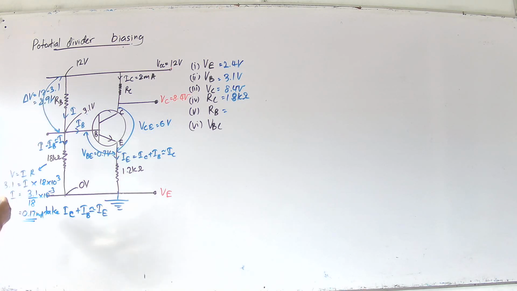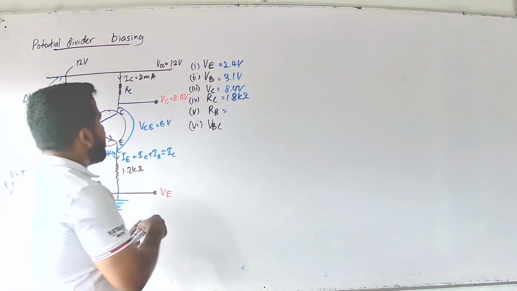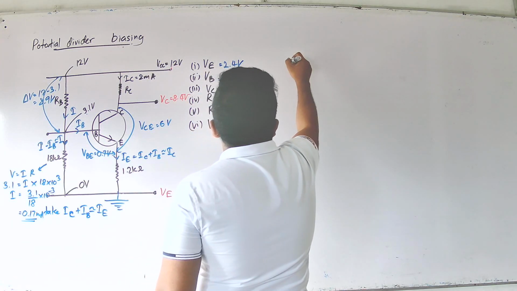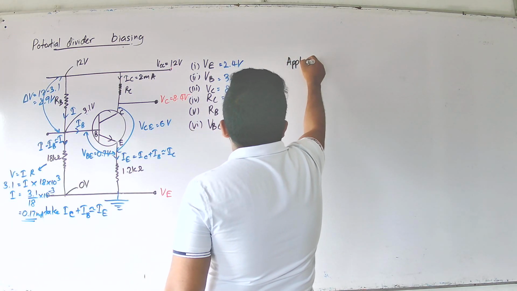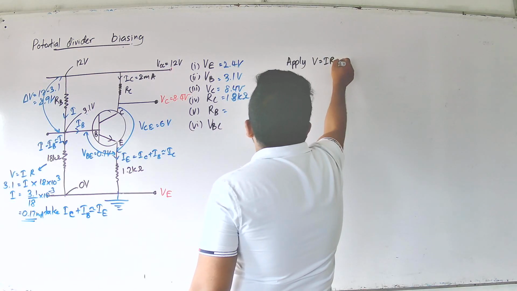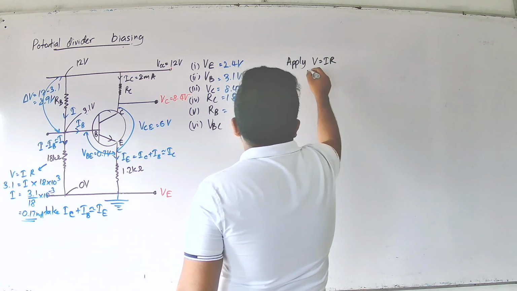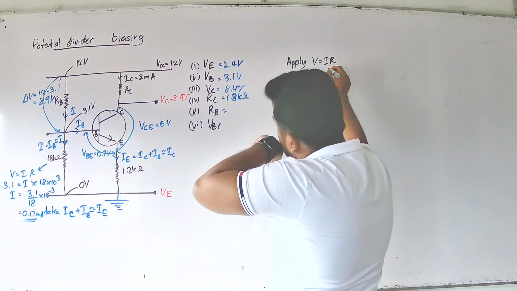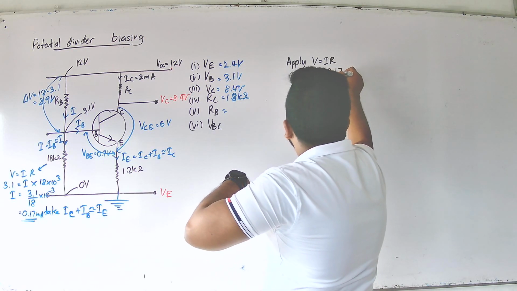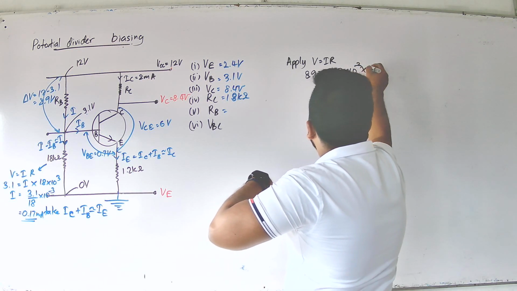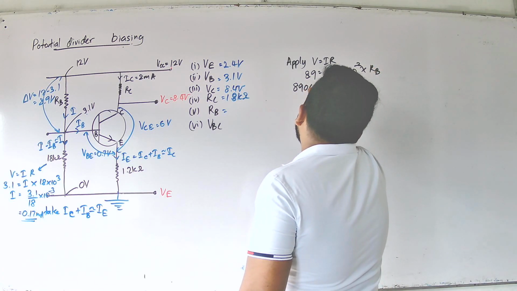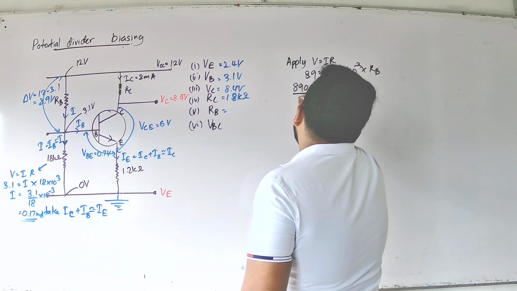Considering that, apply V equals IR. 8.9 equals 0.17 into 10 to the power minus 3 into RB. So the RB means 8.9 over 0.17.